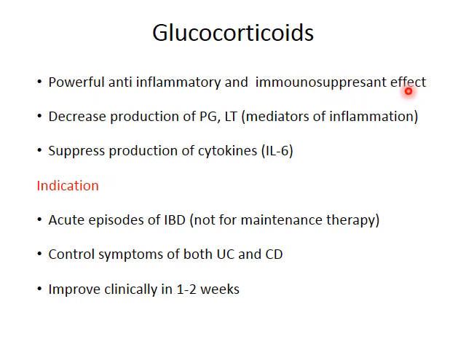These effects are produced in various different ways. One way is that it induces synthesis of a protein like lipocortin, which inhibits phospholipase A2, which is responsible for the generation of prostaglandin and leukotriene. These are the inflammatory mediators.